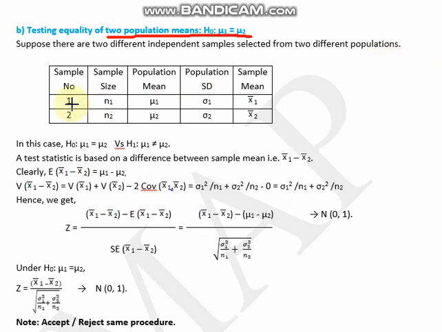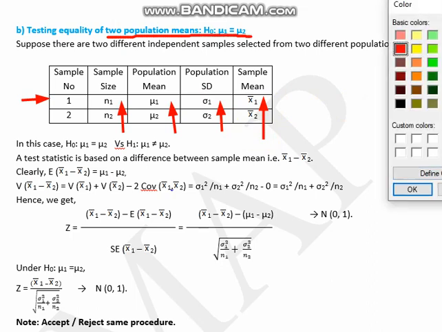So what is the constitution? See, there is a sample 1 and in this sample the size of the sample is n1, the population mean is mu1, the population SD is supposed to be sigma 1 and the sample mean is supposed to be x bar 1.